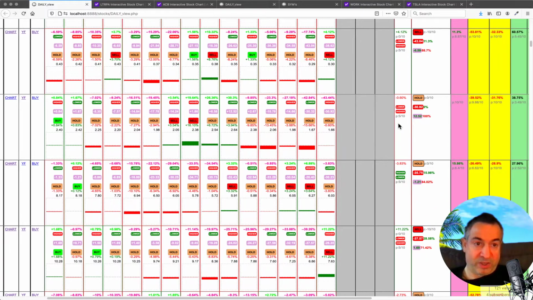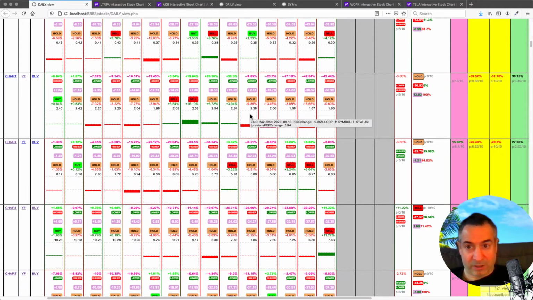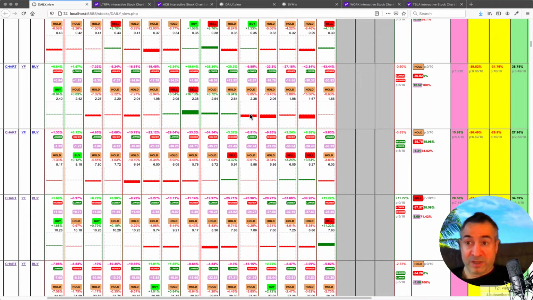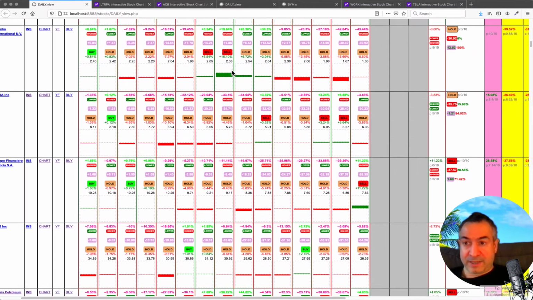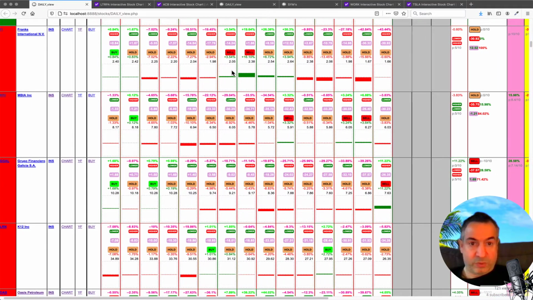So if it's in this area, it's because it has dropped a lot in the last months. So funny enough, it still dropped 30%, but it went up 30%. So that means it dropped 60% in total.